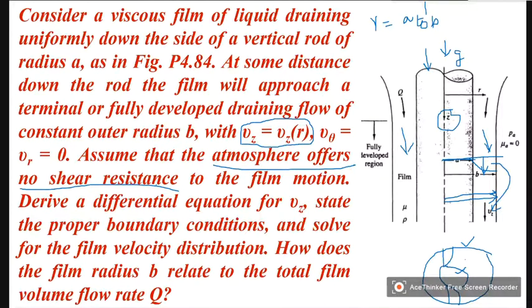When I was explaining the boundary conditions in previous problems, what did you follow? Always we will have two boundary conditions. At what points will we have boundary conditions?